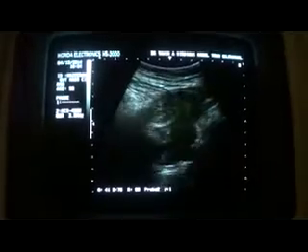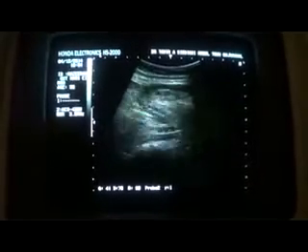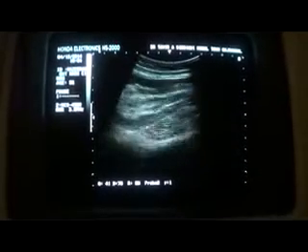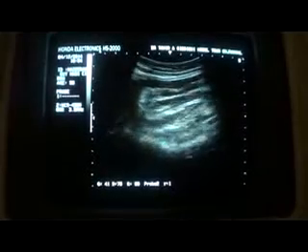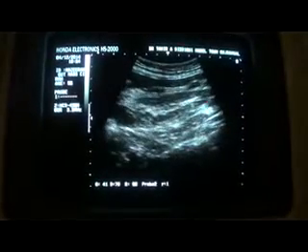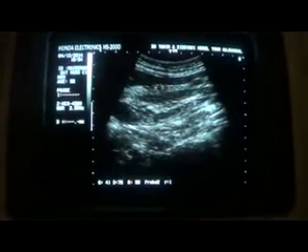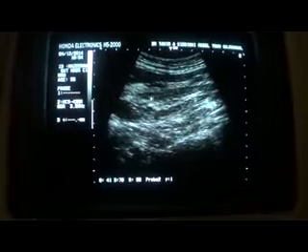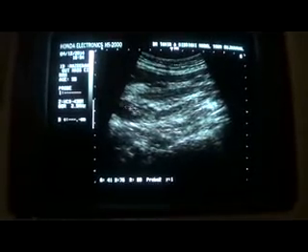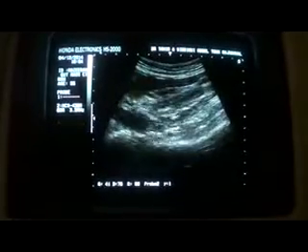You see, this is the bowel segment. We did see some peristaltic movements. This is the fluid surrounding its wall.